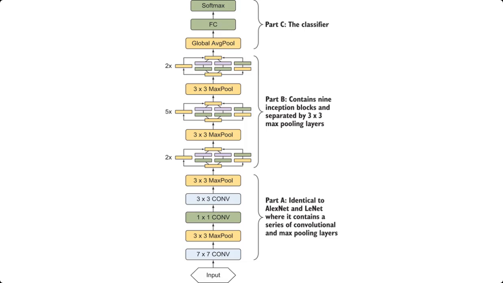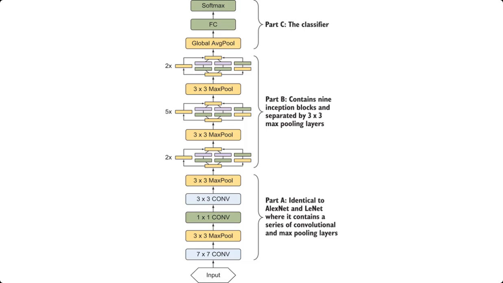As you can see from this picture, GoogLeNet uses a stack of a total of 9 inception blocks and a max pooling layer after every several blocks to reduce the dimensionality. To simplify this implementation, let's break down the GoogLeNet architecture into 3 parts: A, B, and C. Part A is identical to the AlexNet and LeNet architectures, where it contains a series of convolutional and pooling layers.